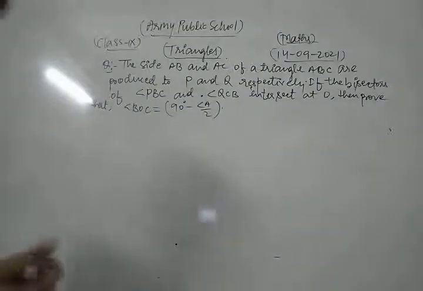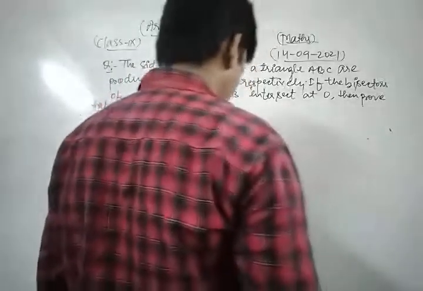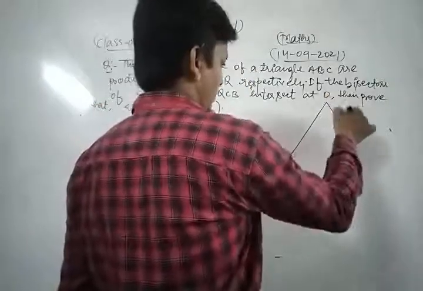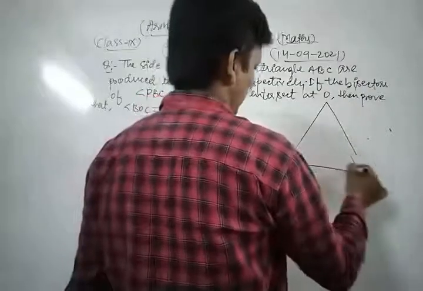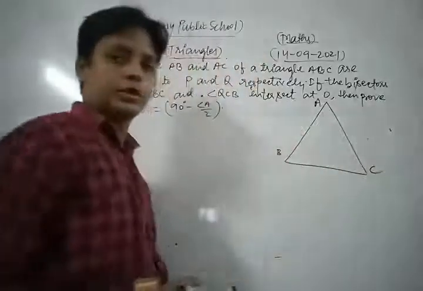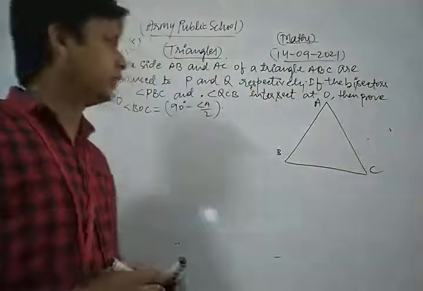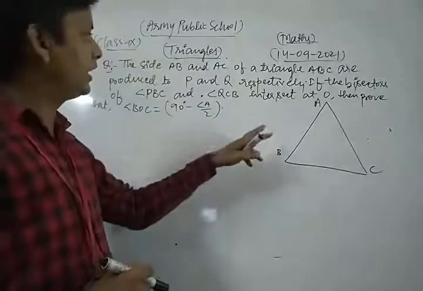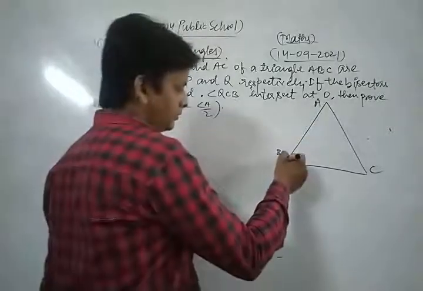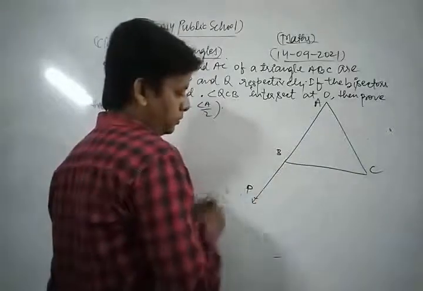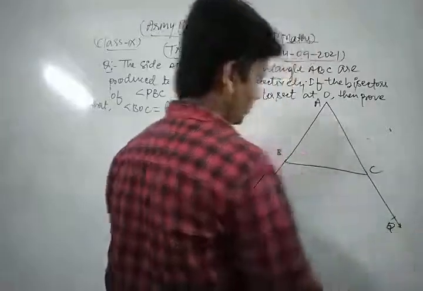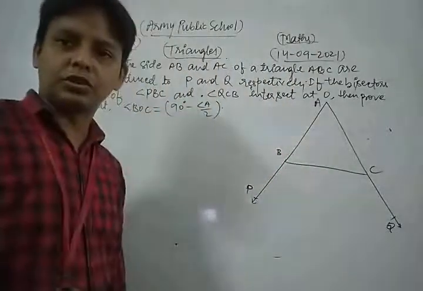First of all, dear friends, we draw a triangle ABC according to the question. Its sides AB and AC are produced to P and Q. Its side AB is produced to P and its side AC is produced to Q. This is the question.